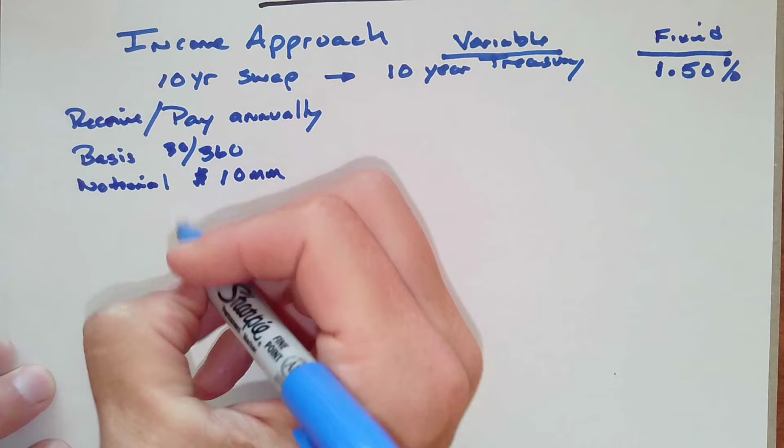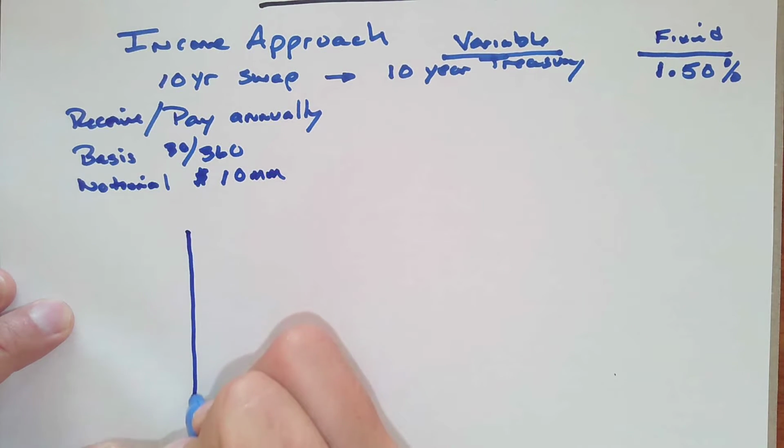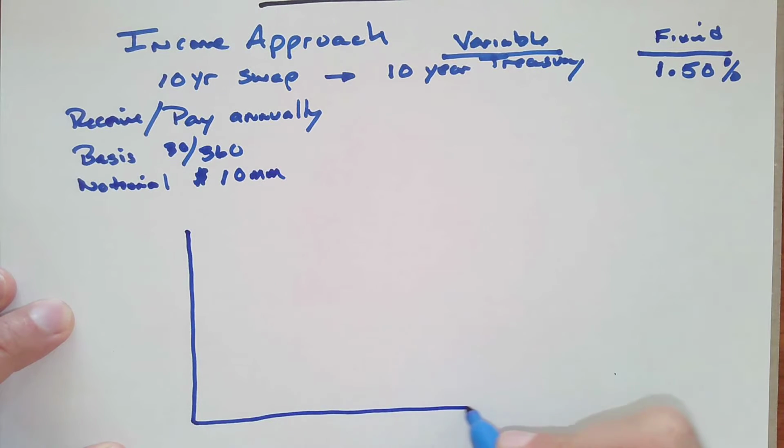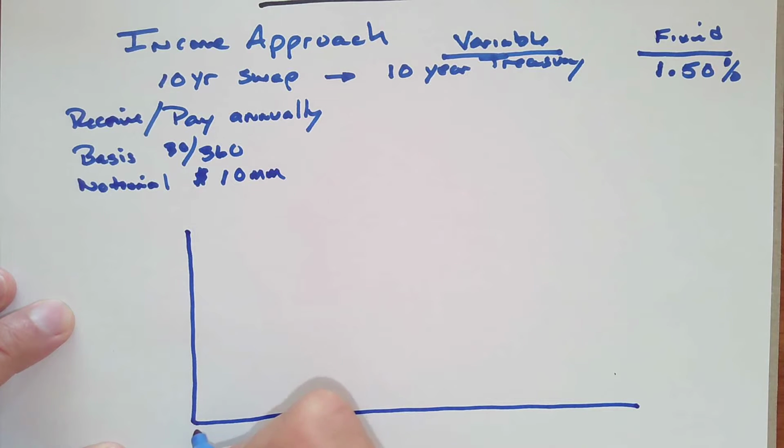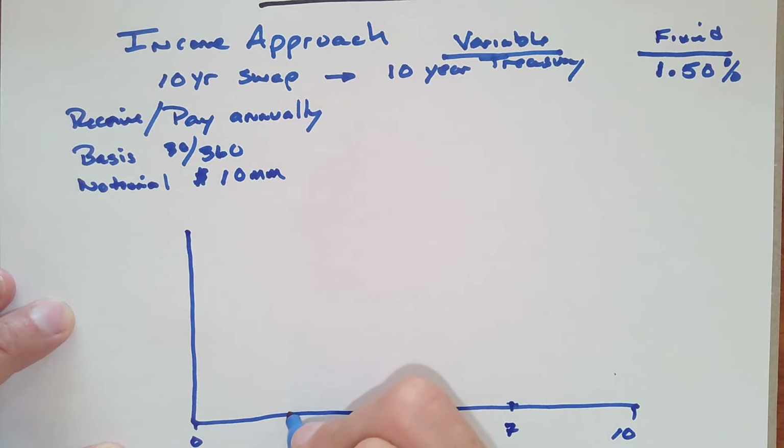So what we want to do is set this up. We've got all of our different years. We start here at 0, go to 10. Here's 5, 7, the 1, and the 2.